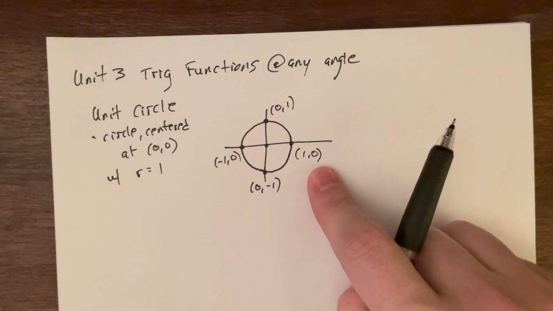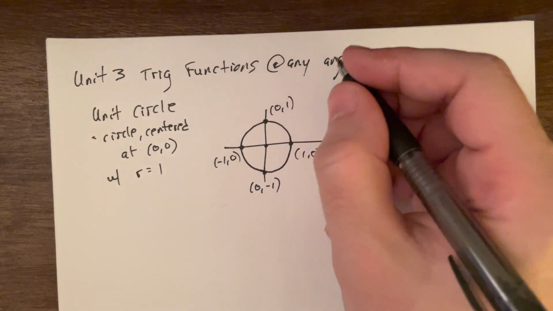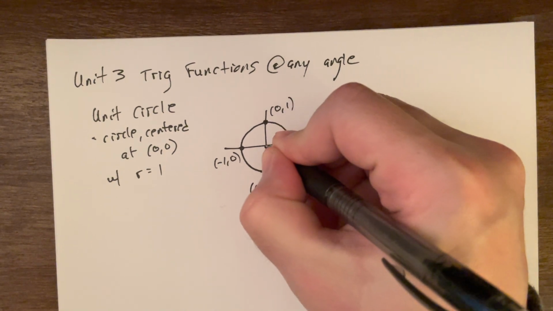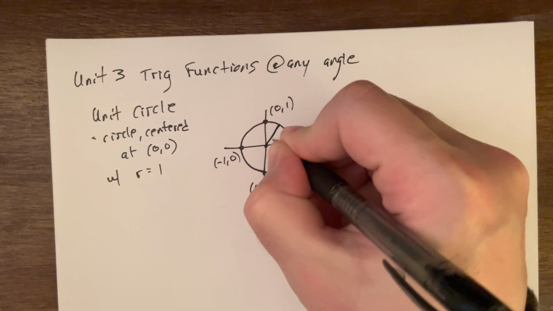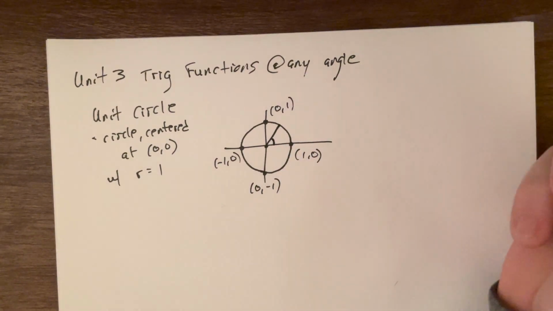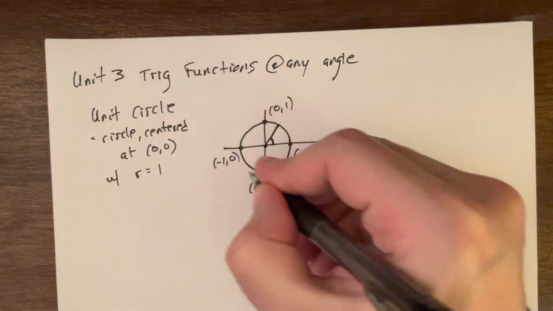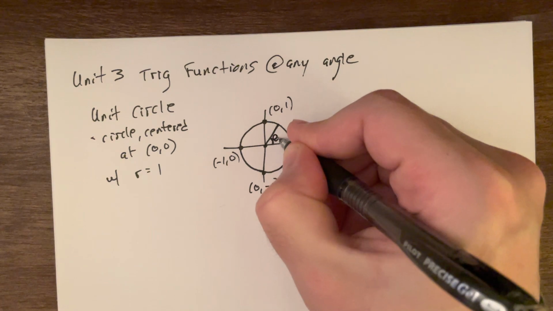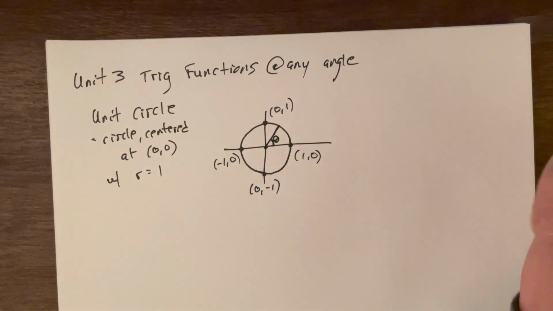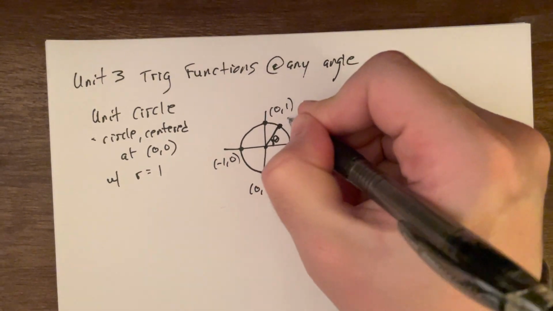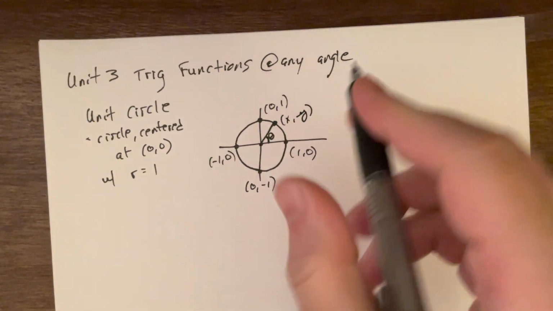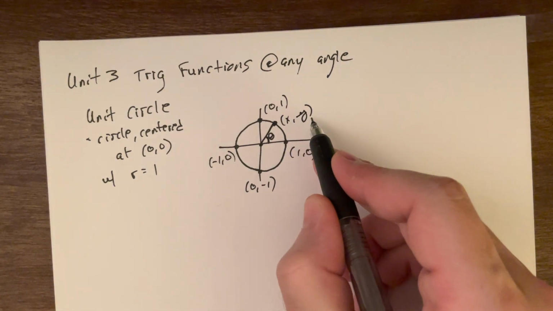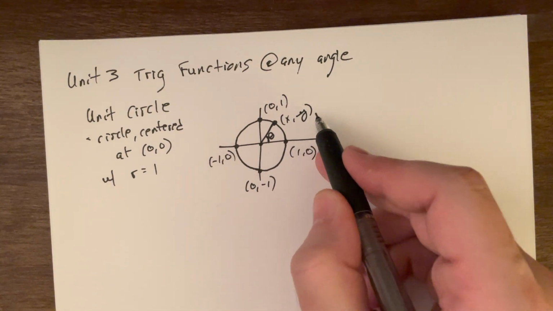But for right now, let's start off with a standard angle, starting from the positive x-axis, using our positive angle, the counterclockwise orientation, and that would be angle theta. That connects me to some random XY pair on this circle.